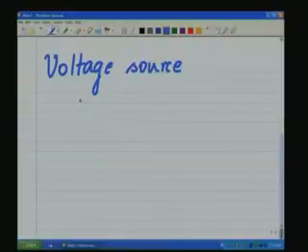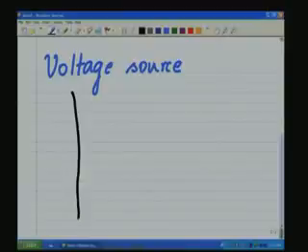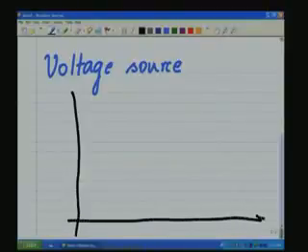Now, if you take a voltage source and look at its IV characteristic, so, let us draw the XY plot. The x axis is the load current I. The y axis is the voltage of the voltage source.